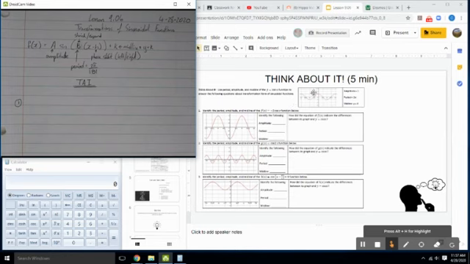Here they give you what the function y equals cosine of x looks like, and then they give you 3 different transformations of this function.